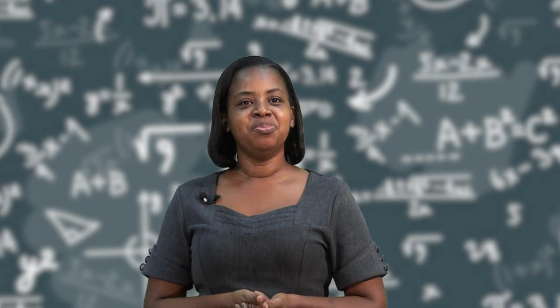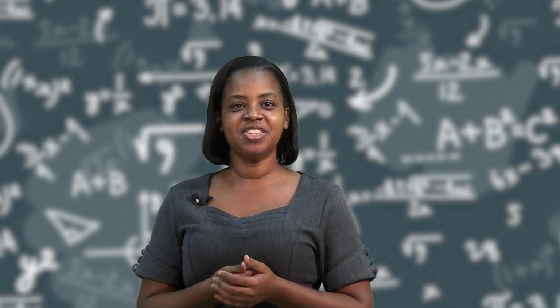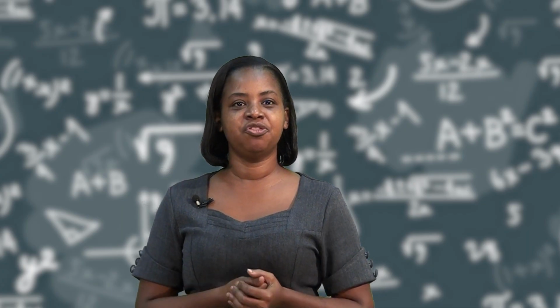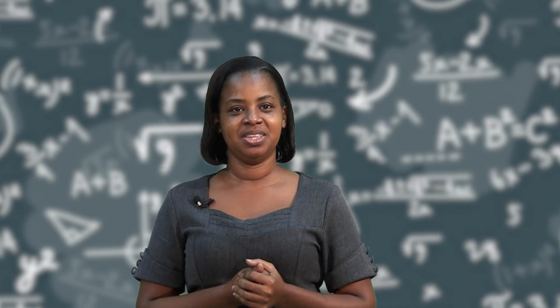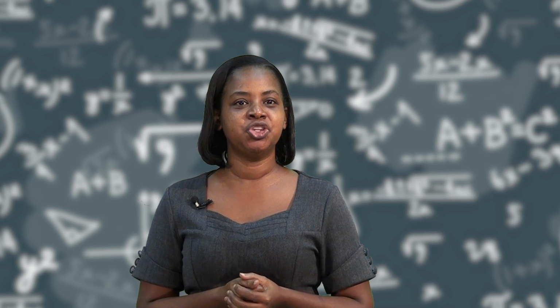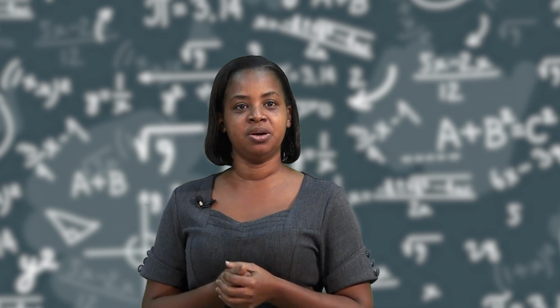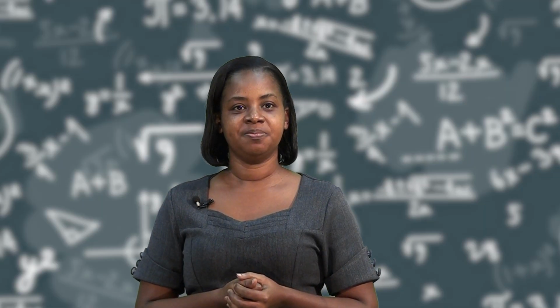So there you have it, boys and girls. We just changed the subject of a formula using the onion skin method. Please note that this is not the only way to change the subject of a formula. We can also use the balance method.